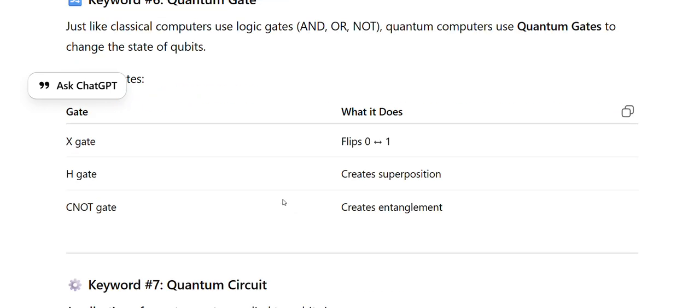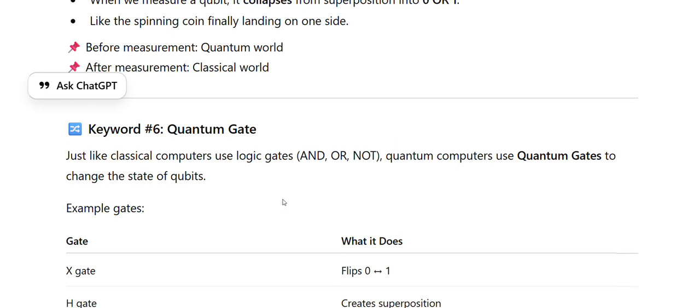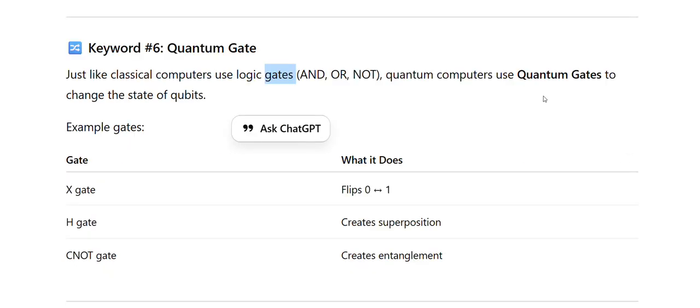The next keyword we want to understand is the quantum gate. Just like a classical computer uses logic gates like AND, OR, NOT, a quantum computer uses quantum gates to change the state of qubits.